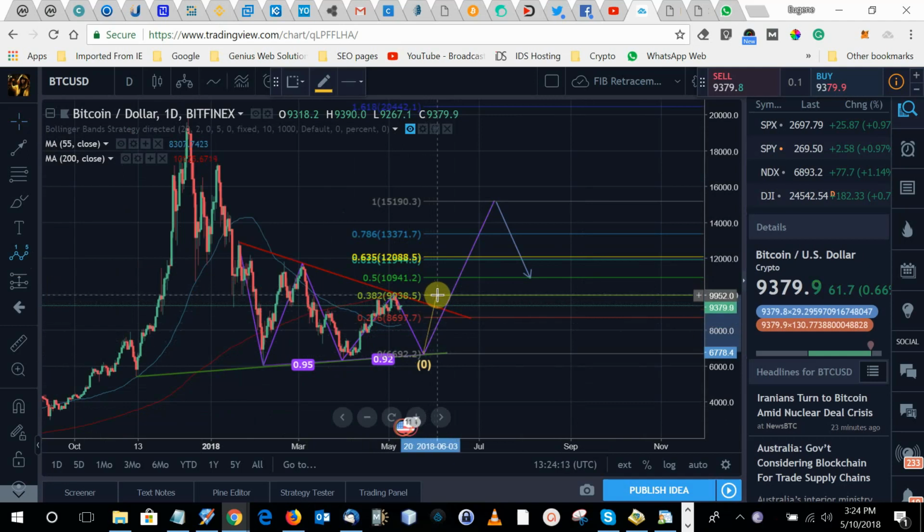So we have our first wave, which takes us up to 9938. Yes, the $10,000 mark will be full of resistance, heavy resistance all the way, which brings us back down to the 236.